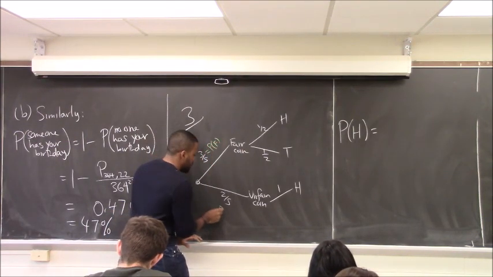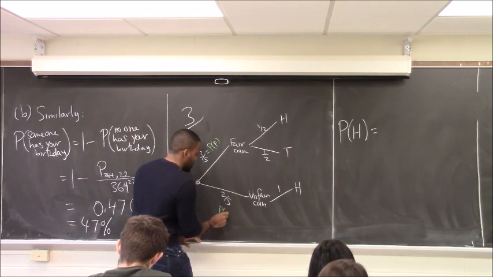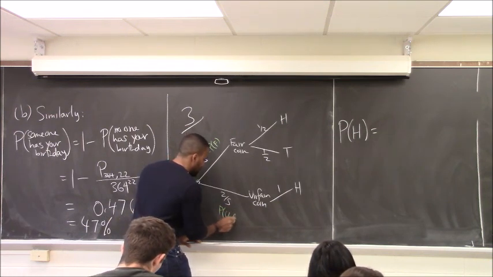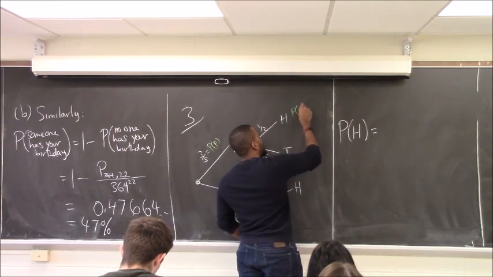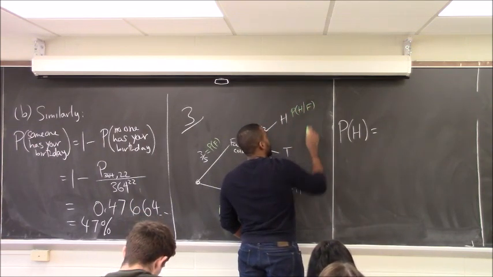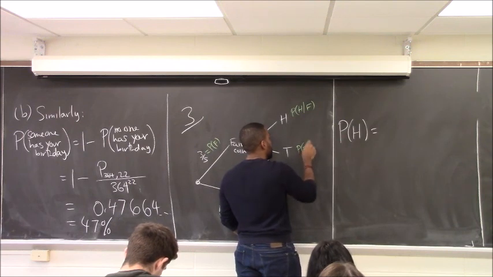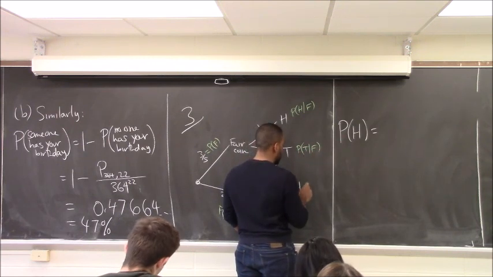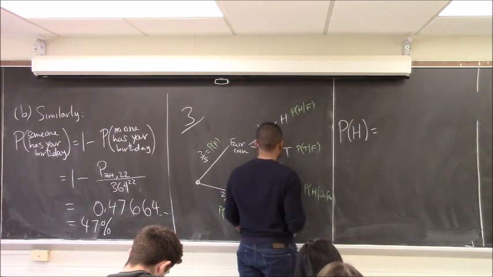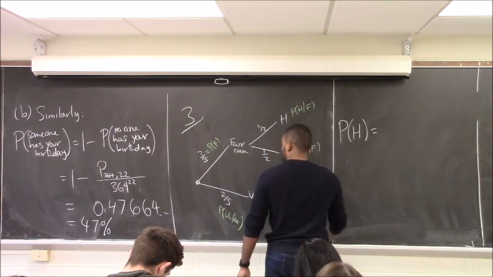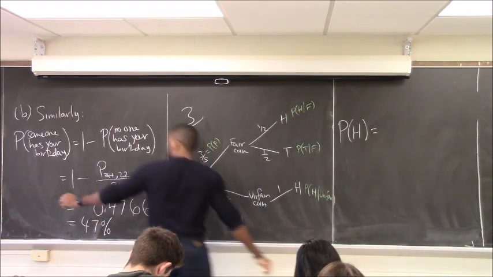This is the probability of picking the unfair coin. This is the probability of getting heads given that you pick the fair coin. This is the probability of getting tails given that you pick the fair coin. This is the probability of getting heads given that you pick the unfair coin. So technically here we are going to be using conditionals.